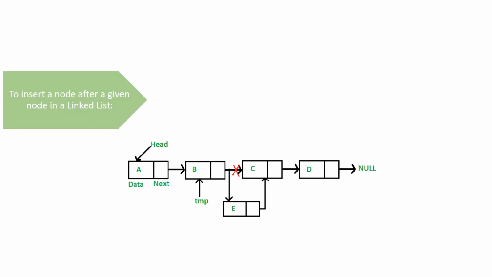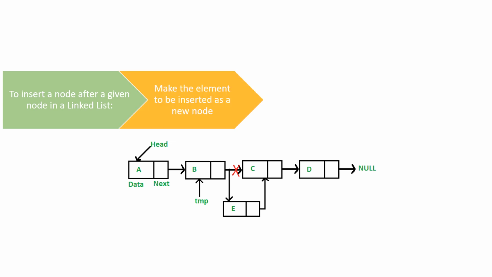Now we can see how to insert a node after a given node in the linked list. Now we have the nodes A, B, C, and D, and we are going to insert a node E. We can assume that the given node is B, which is the temp.